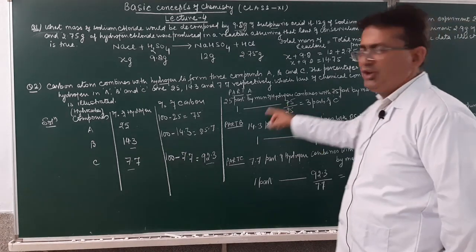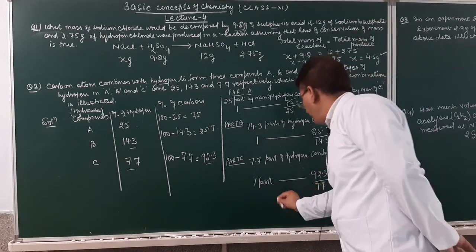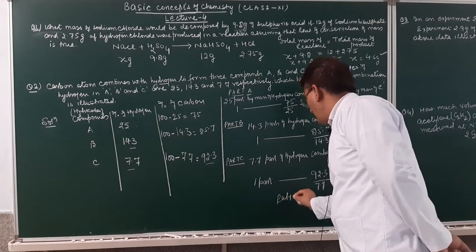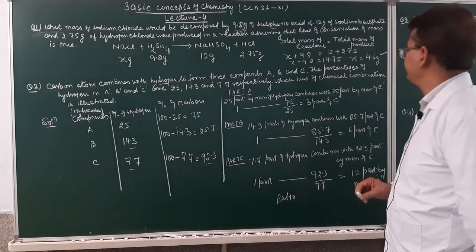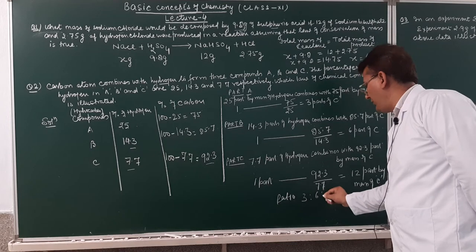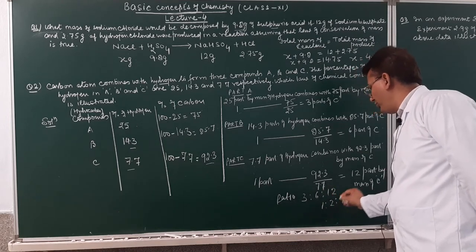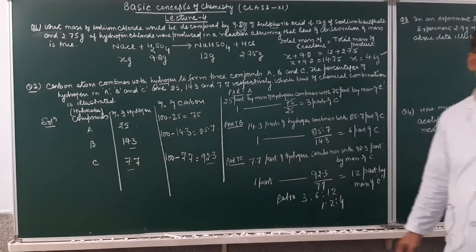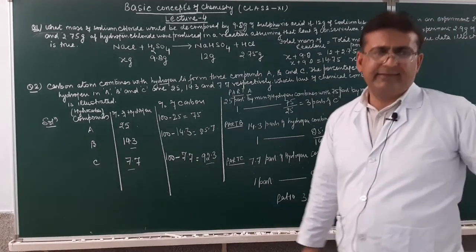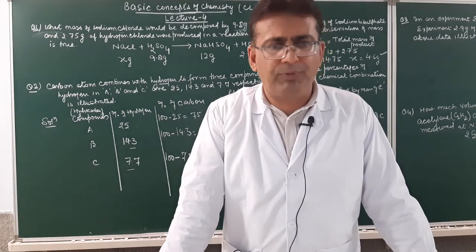So the mass of hydrogen is fixed. Now find the ratio of the mass of carbon. This will be 3 : 6 : 12. What is the answer coming? 1 : 2 : 4. Is it a multiple ratio? Yes. So which law is illustrated? The law of multiple proportion.